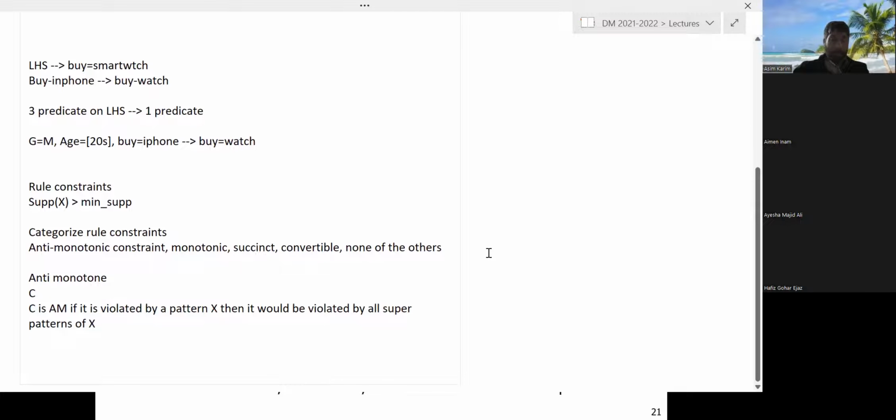So can anyone think of an example? We have already studied one such constraint before. So the support constraint that we talked about earlier, support is greater than equal to, let's say, some value V. This is anti-monotone. Why?